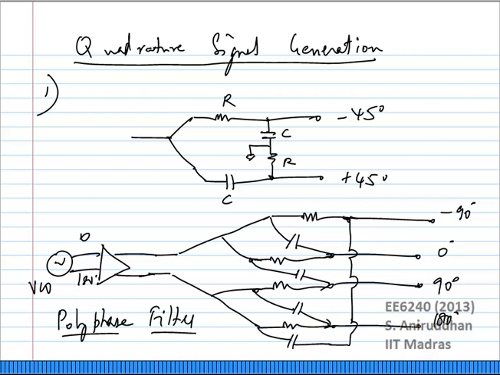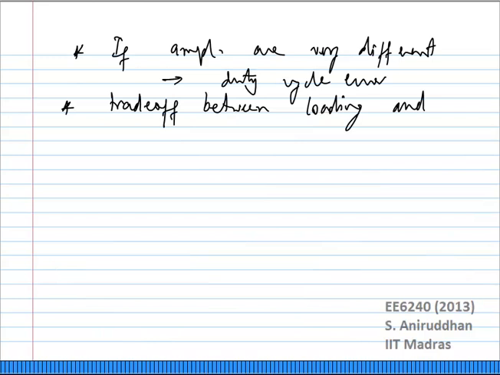The difference is that the R tells you how much loading you have on the previous stage, and the C tells you how sensitive you are to capacitive parasitics. Therefore there will always be a trade-off in this architecture between the amount of current you burn versus how sensitive you are to parasitics. We said there is a trade-off between loading and what? Parasitic capacitance.